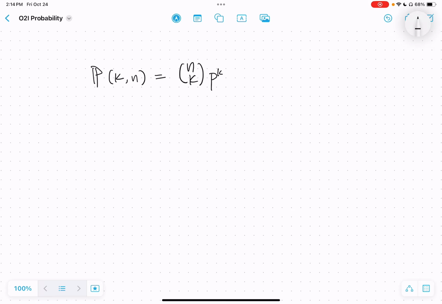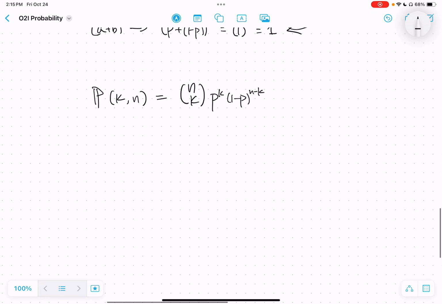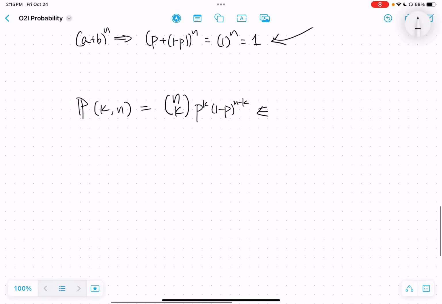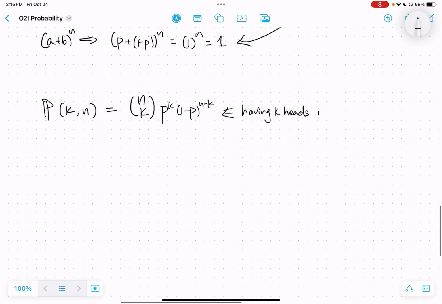And then we also want to include the probability of tails, which is (1 minus p) to the power of n minus k. Okay, this is our formula for having exactly k heads in n throws.